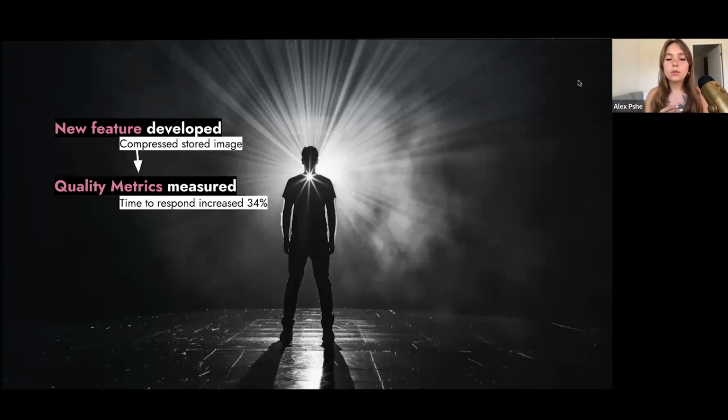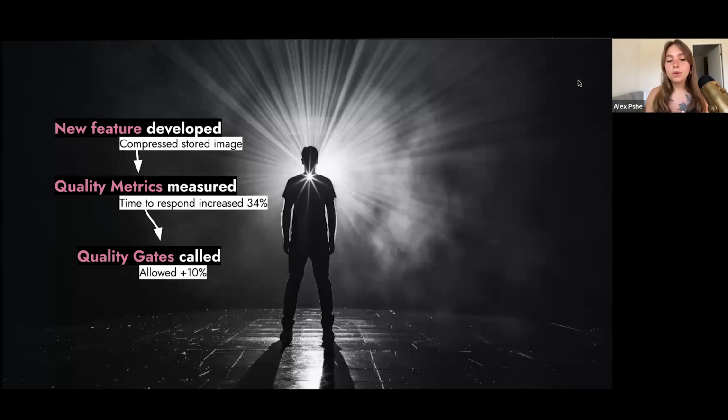For example, we notice that the time to respond increased by 34%. After that, we can call our quality gates. Quality gates are gates where we can say, for example, this metric has to be on this level, and if this metric doesn't meet the requirement, we don't allow you to go further in our pipeline.